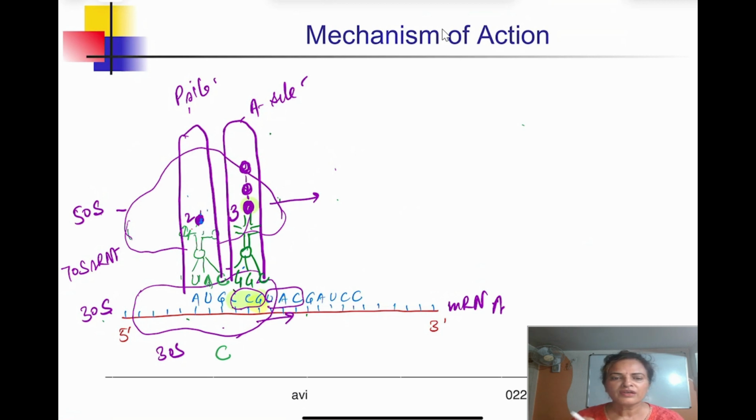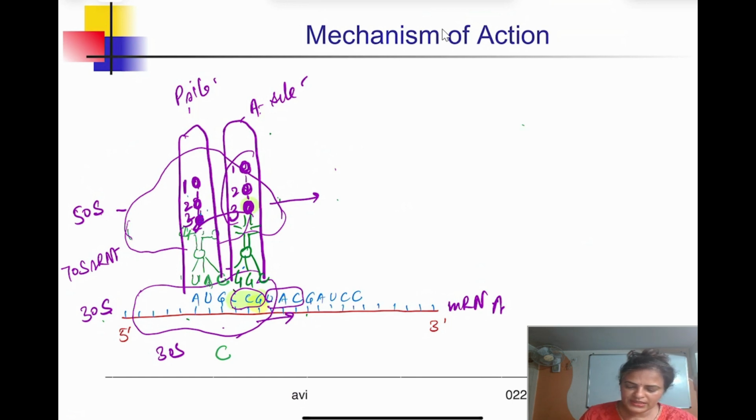It is going to cover a distance of 1 codon. Or another way we will say, the whole thing will be shifted, translocated from here to here. Meanwhile, this whole thing, 3, 2, 1, will be shifted from here to here. ठीक है, ये यहाँ से यहाँ शिफ्ट कर जाएगा.